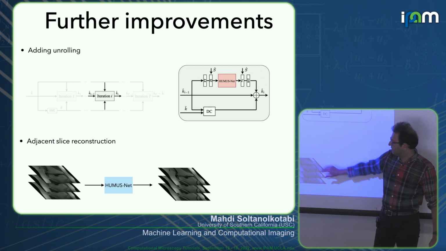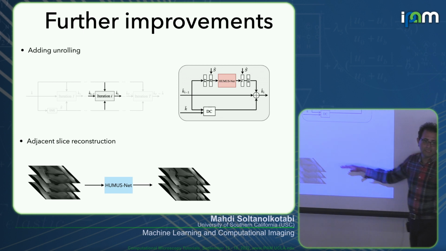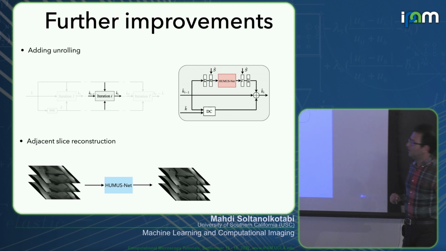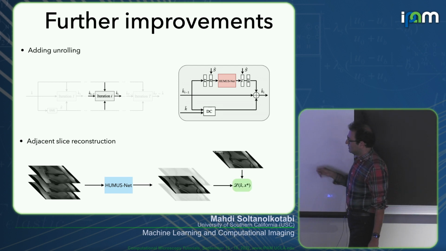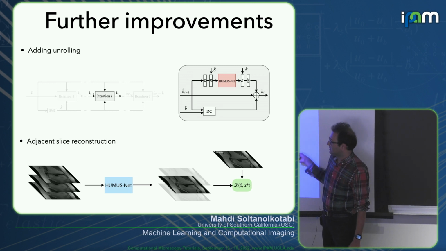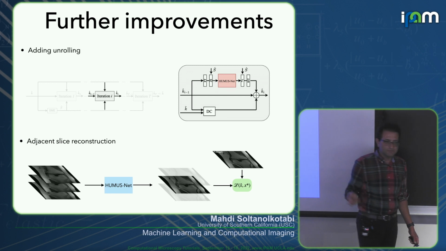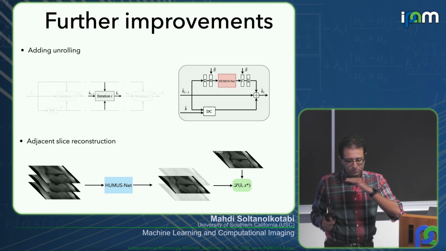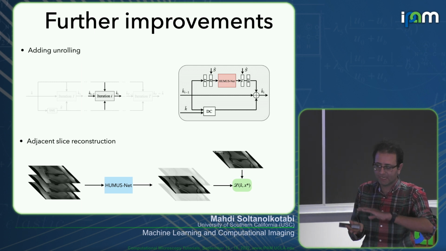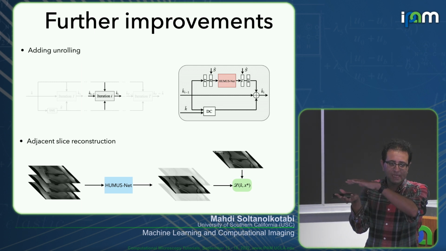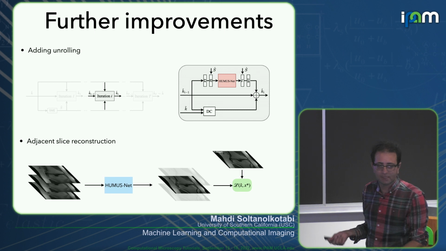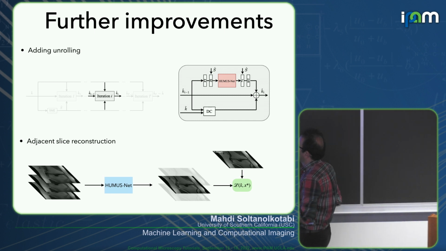Or reconstruct the 3 of them and then combine them to get each individual image. These techniques seem harmless again, but actually boost the performance significantly. Instead of asking the network to reconstruct each individual slice, ask it to reconstruct 3 adjacent slices and then combine them. These kinds of ideas actually help a lot.